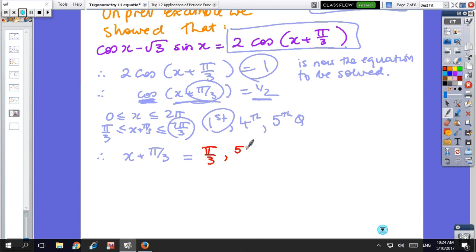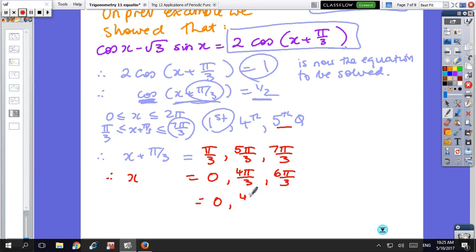For the fourth quadrant, we end up with 5 pi on 3, and for the fifth quadrant, we end up at 7 pi on 3. And then we just subtract pi on 3, so we get 0, 4 pi on 3, and 6 pi on 3, which is 2 pi. And that makes sense, because once you have 0, you must have 2 pi as one of your answers.